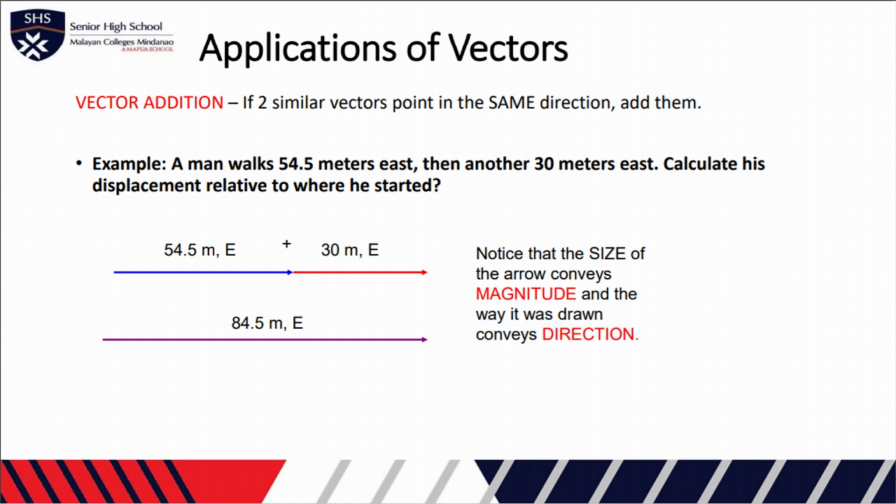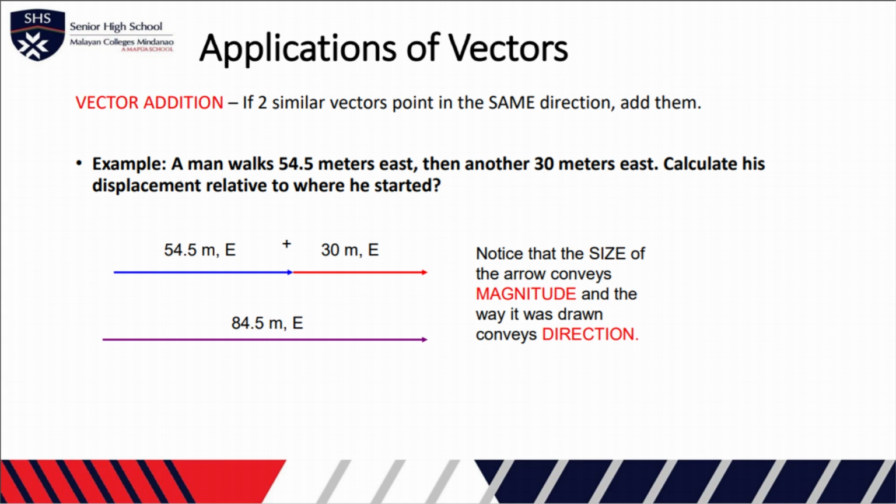If you notice, the blue arrow is longer than the 30 meters east red arrow simply because 54.5 is a bigger value compared to 30 meters. In this application of vectors, the size matters. Also, the arrow is facing east because the direction must be going to the east.